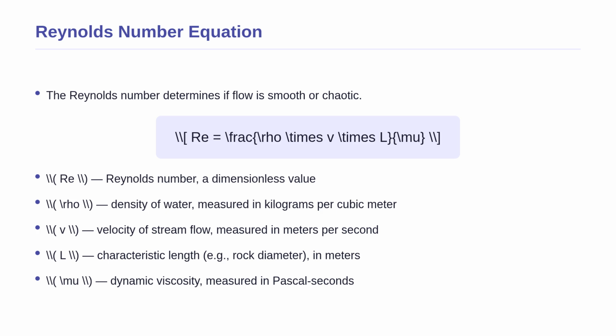The letter L represents a characteristic length, like the diameter of a rock sitting in the water. Finally, the Greek letter mu represents the dynamic viscosity, which is the water's internal resistance to flow, or its thickness. When velocity increases, the Reynolds number increases, leading to highly turbulent flow that aggressively mixes oxygen into the water.